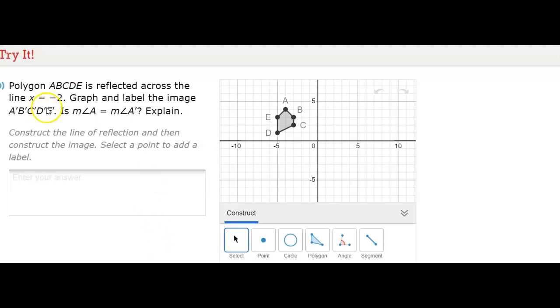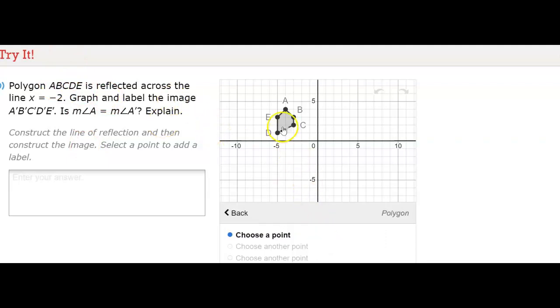Okay, so it's reflected across the line, and x is -2. I have to see the picture of the example again. We're going to take this picture and reflect it. It says across the line, but it doesn't say which line.